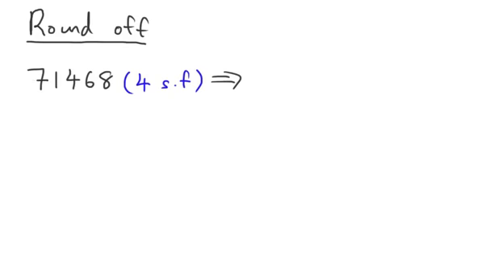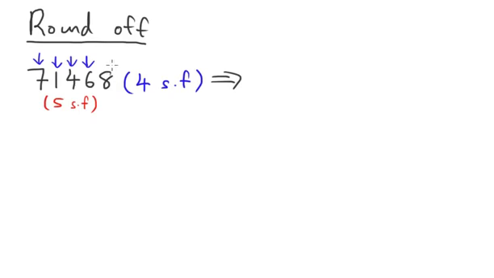At first, 71,468 has 5 significant figures. So if you want to round it off to 4 significant figures, the significant figures would be the 70,000, the 1,000, the 4 and the 6, which means we need to get rid of the last digit here.